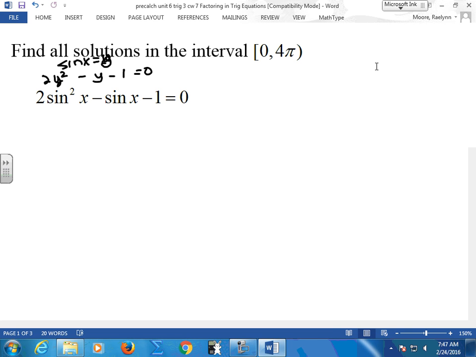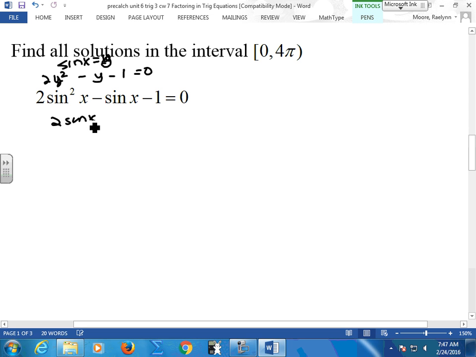Everybody get a set of factors? Rohan? So 2 sine x plus 1 and sine x minus 1. Good. These factors are just 1 and 2. These factors are just 1. So put the 1s out first, and then play with the sign. The sign has to multiply so that when I multiply the larger number by the 1, I'm going to get the negative.